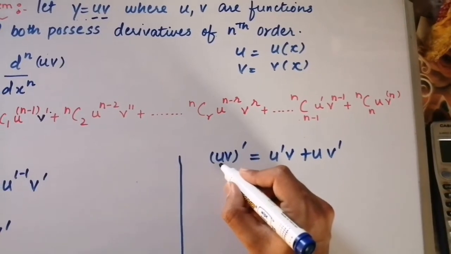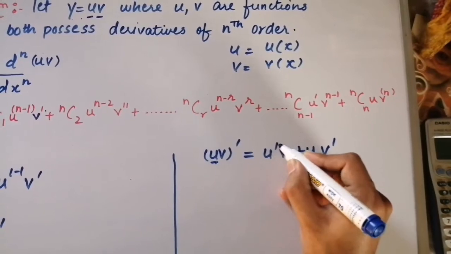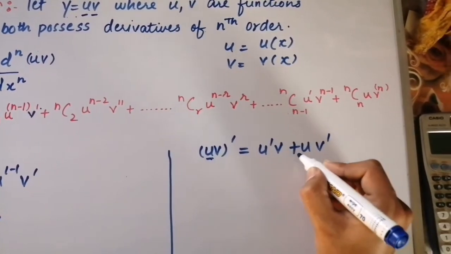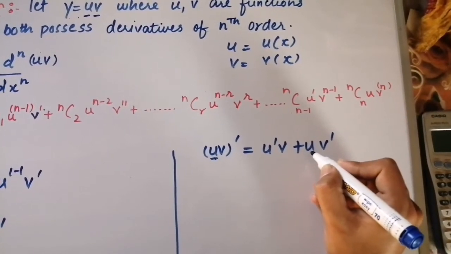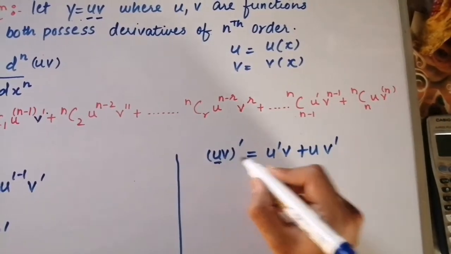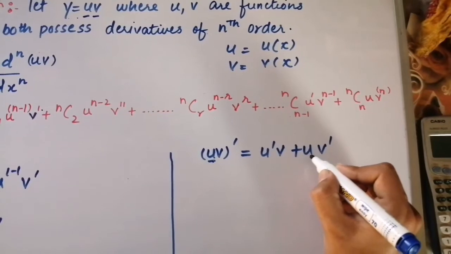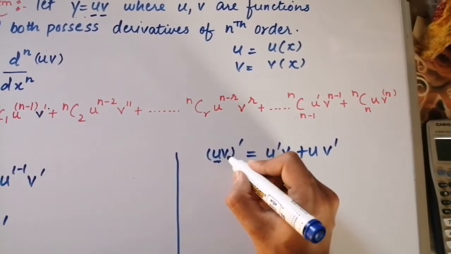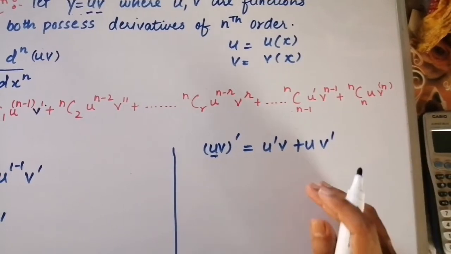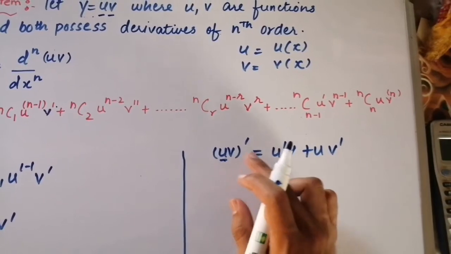We take the derivative of the first function u, and it becomes u prime, that is the first derivative of u, and we write v as it is, plus now, after the addition sign, we write the first function u as it is, and then we take the derivative of the second function, so v prime here. That is the answer we get after applying product rule.